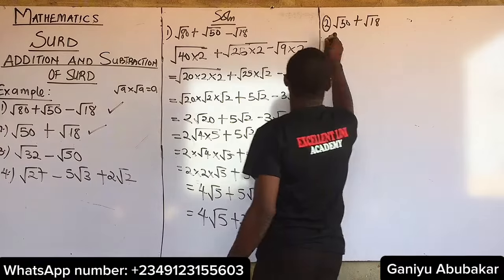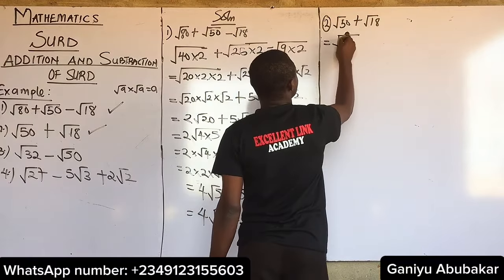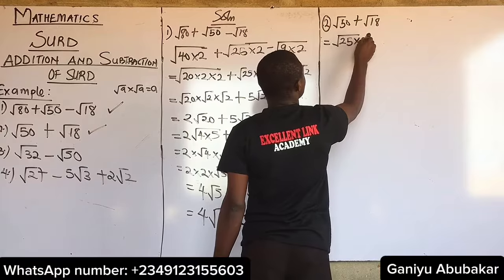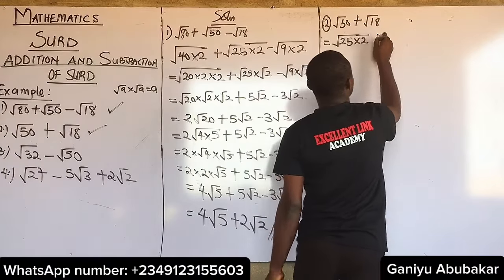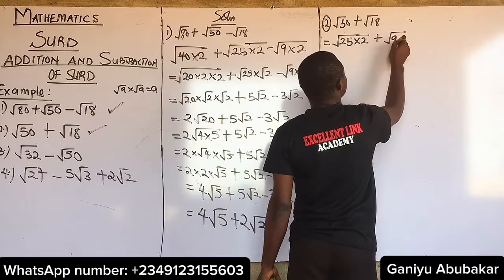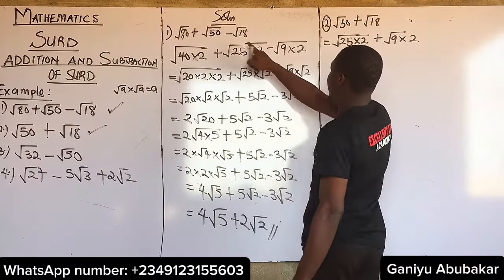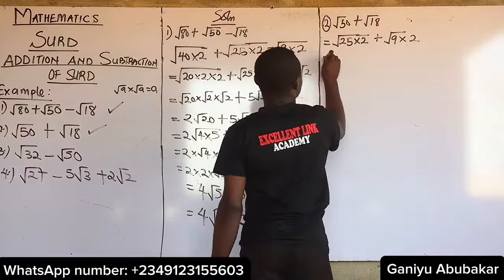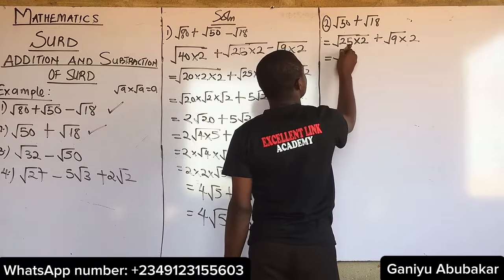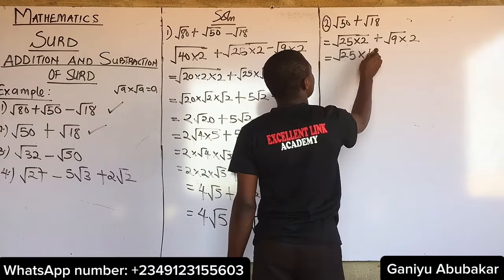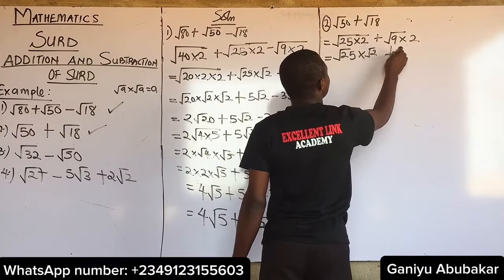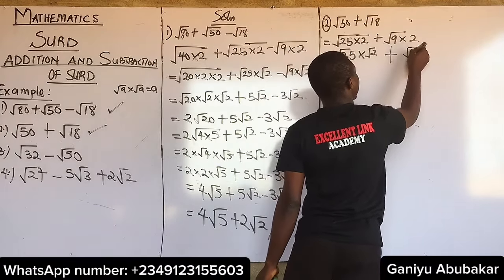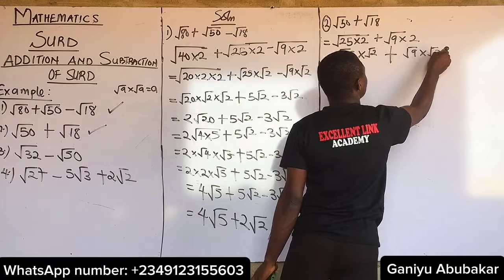So I'll have root 50 first. That's root 25 times 2, as we know, plus root 18 will give 9 times 2, as we said earlier. From here now, let's separate this one. I have root 25 times root 2 plus root 9 times root 2, right?